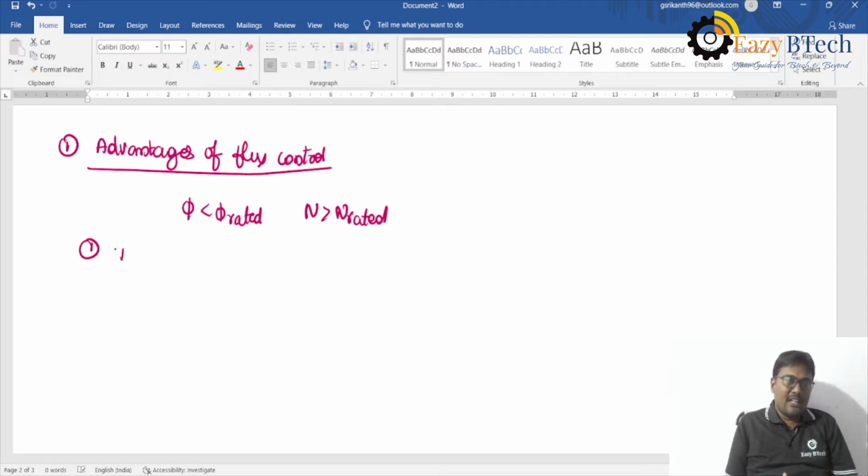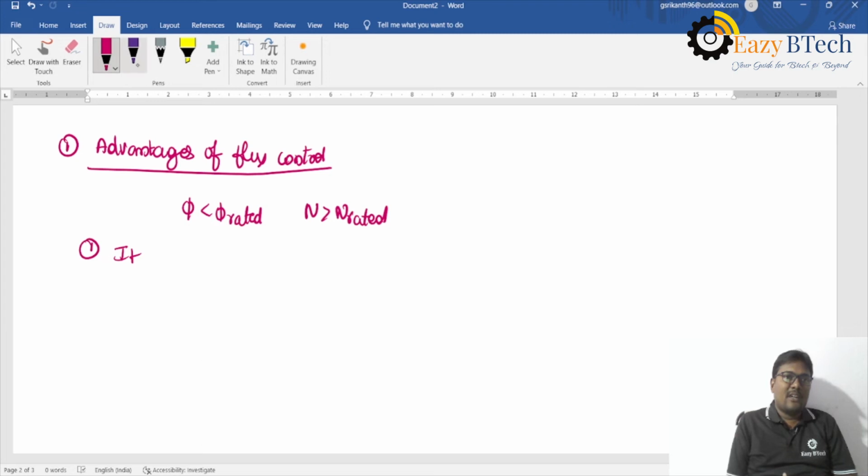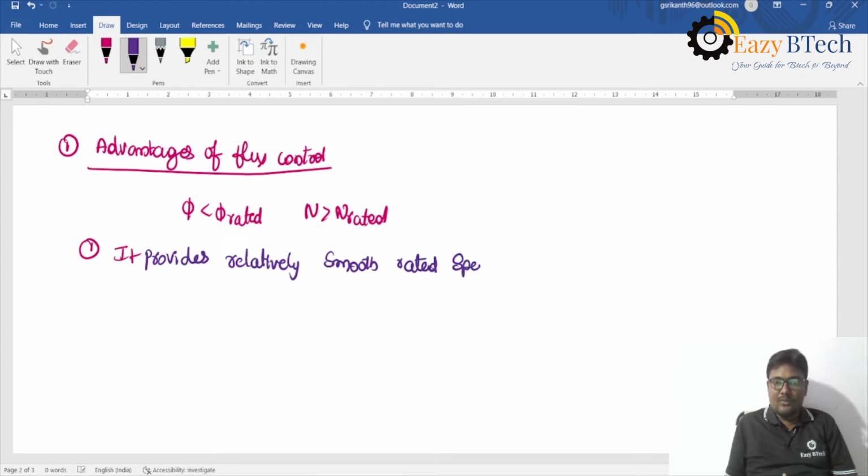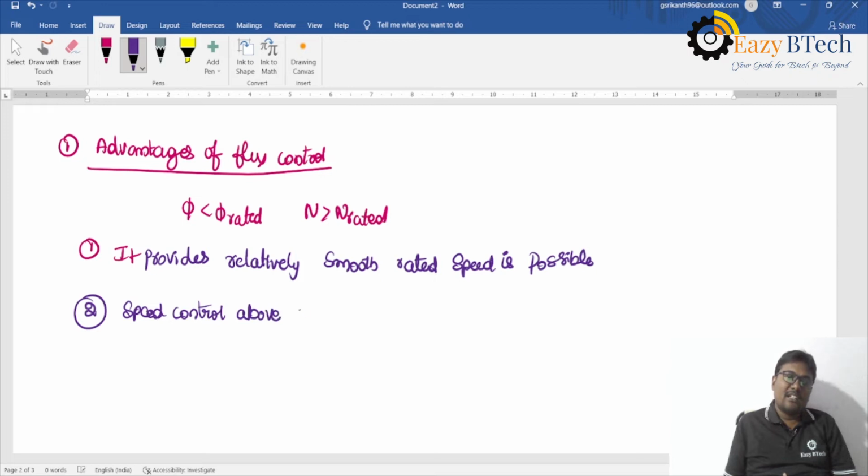So it provides relatively smooth speed control. And the second one is that speed control above rated speed is possible.